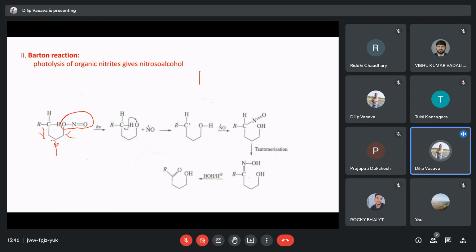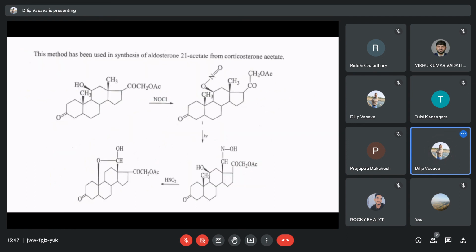This is a photolysis, photochemistry reaction, the Barton reaction that you studied in semester 2 in photochemistry. Here the ketonic group is forming, and here it is forming the OH. It goes through a free radical mechanism. This natural product is taken, where in the same case OH is there, where oxidation is taking place.